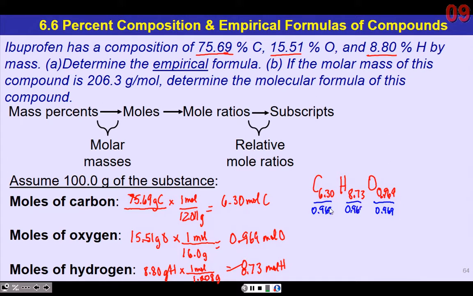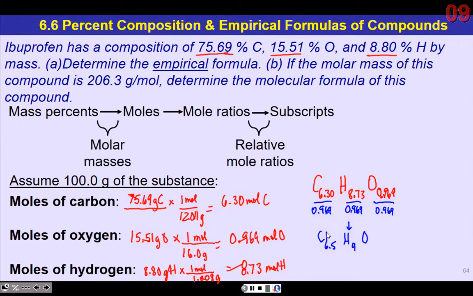Sometimes it'll get you the right spot, but sometimes it'll get you a lot closer, and then you'll see what to do. So if you divide 6.3 by 0.969, I got 6.5. The hydrogen, dividing 8.73 by that value, I got 9. Oh, that's an integer. We like that.